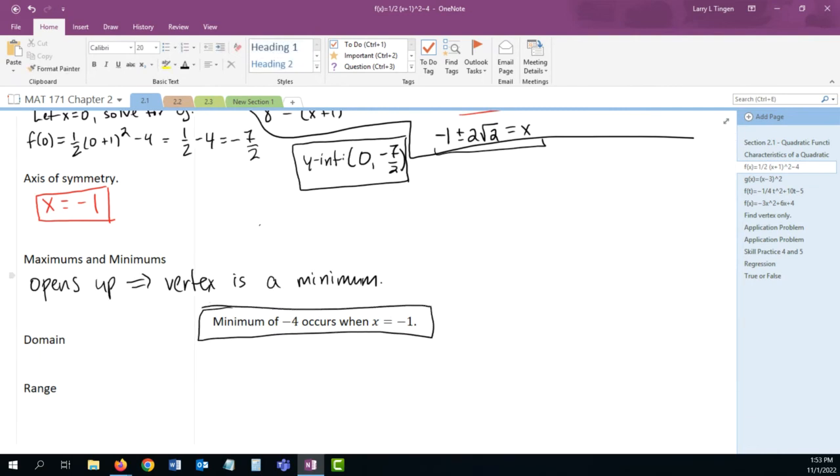All right, we've seen domain before. And when I'm dealing with domain, I have two questions. They are, is there a variable in the denominator? Is there a variable under an even root?